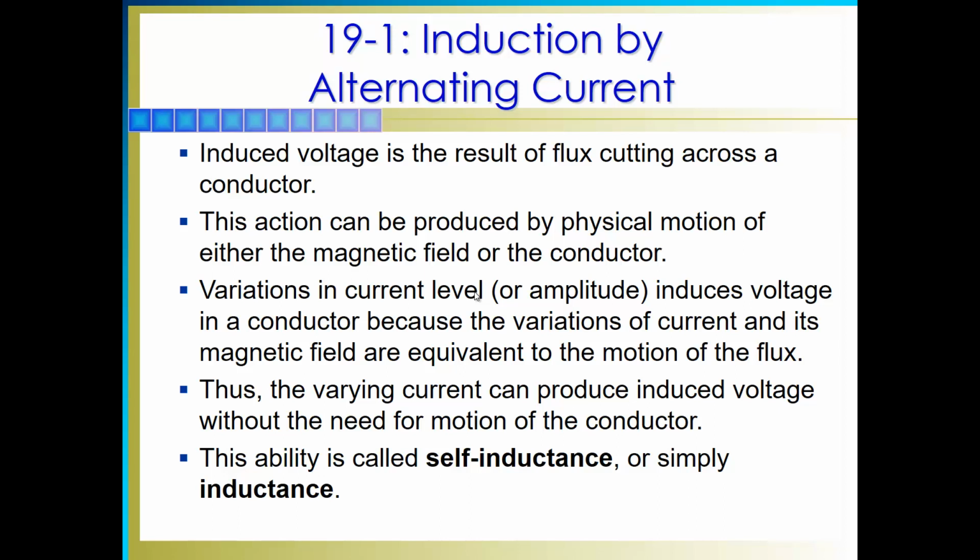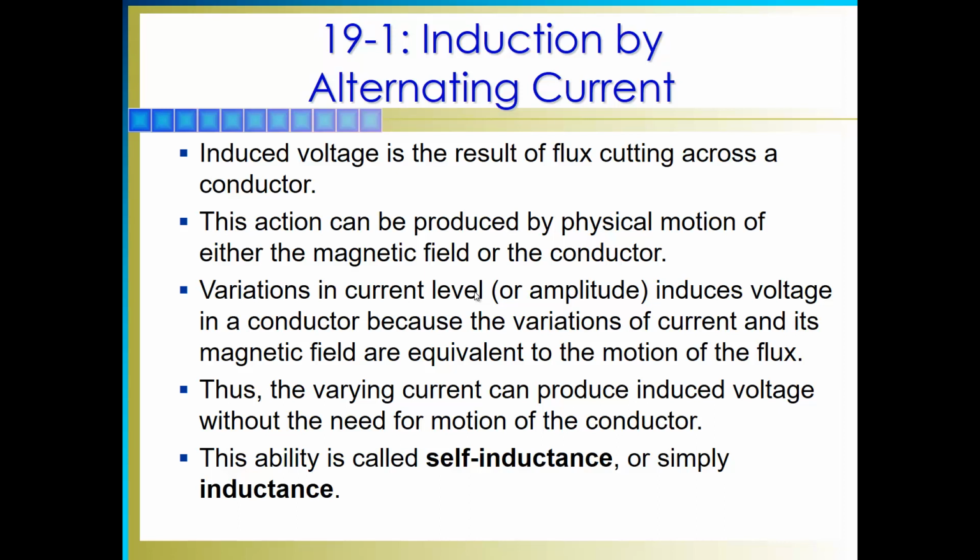In other words, the change in current also generates a magnetic field that is equivalent to the flux. So when the current is changing, it produces induced voltage without the need for motion of the conductor.